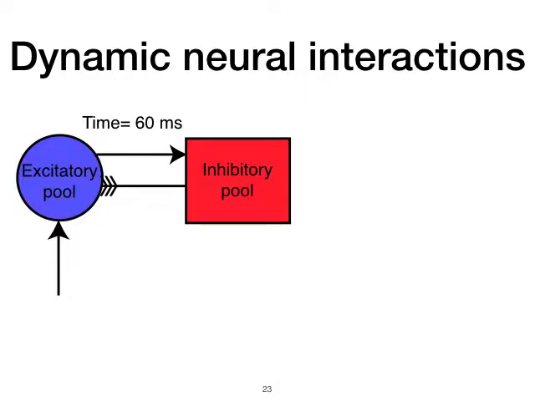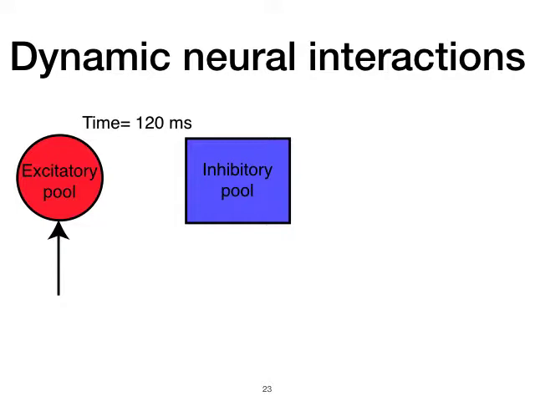So this deactivates, which deactivates that connection, deactivates the inhibitory pool, deactivates that connection, so this is no longer inhibited. So we get back to the start, where it's being excited by its input and not inhibited by this inhibitory pool. And then we see the same thing happen again.